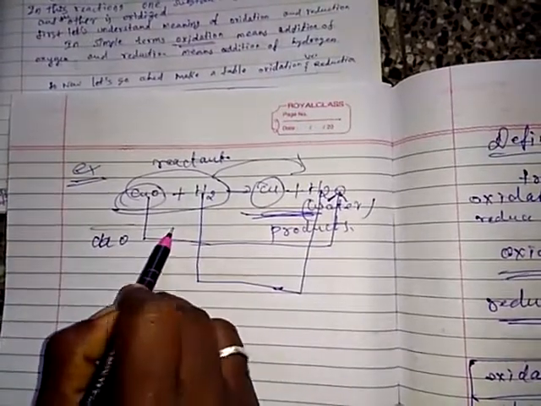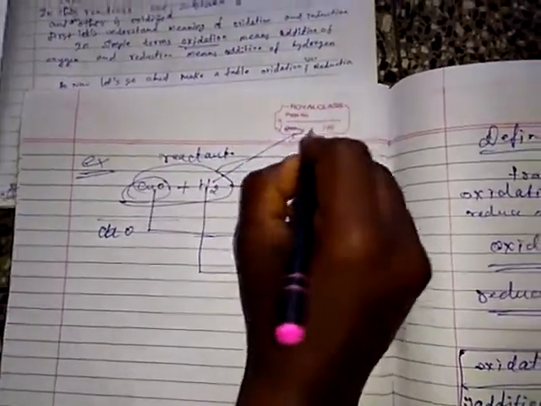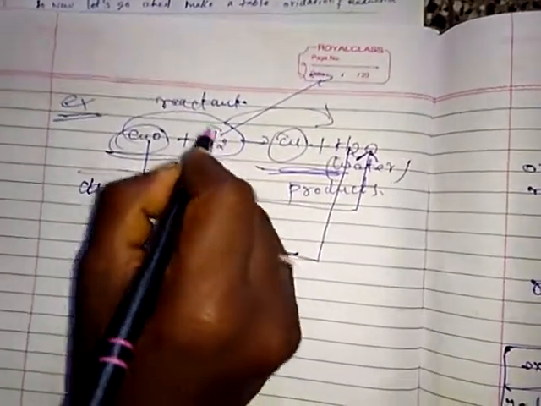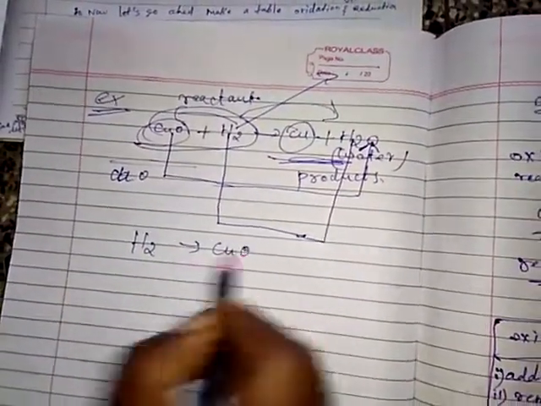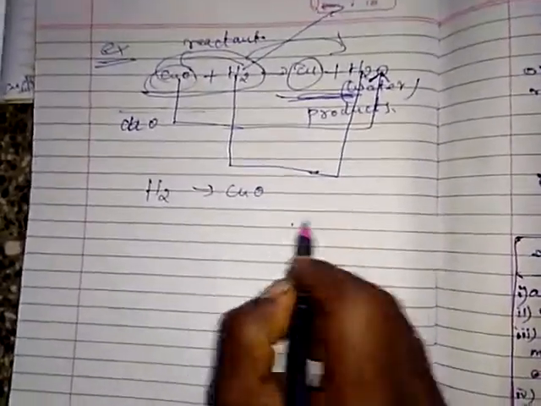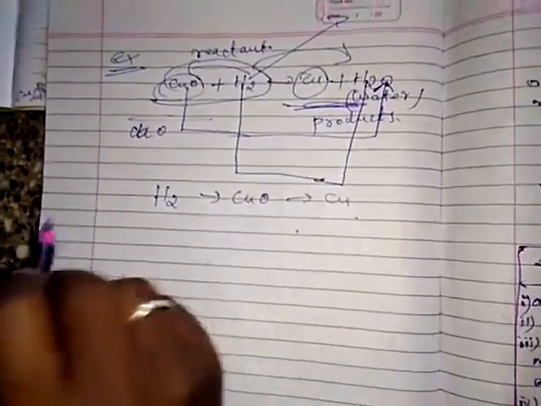In this reaction, hydrogen is helping copper oxide get reduced to copper.